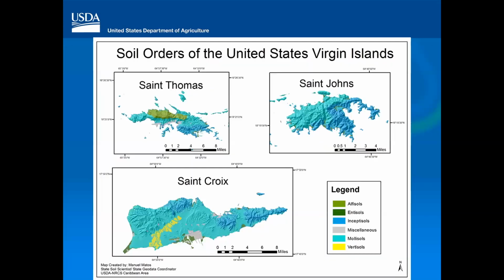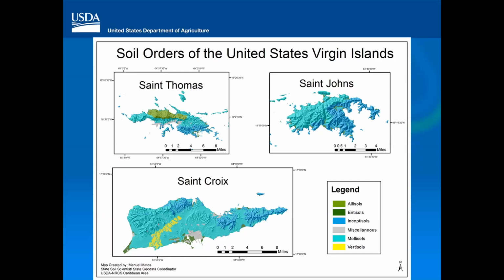So let's talk a little bit about the soil orders of the United States Virgin Islands. These are the main groupings of soils of the different islands, and I'm going to go through the different orders. There are 12 soil survey orders identified in the world, but the U.S. Virgin Islands contains 6 of them, which are alfisols, entisols, inceptisols, mollisols, and vertisols.